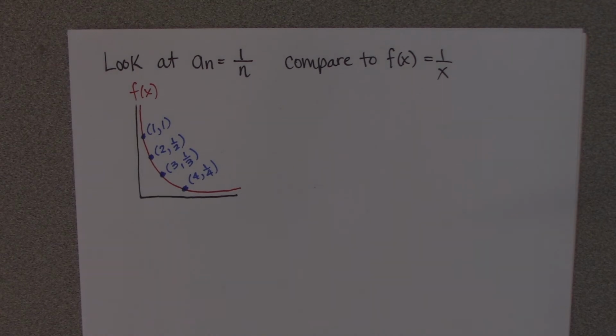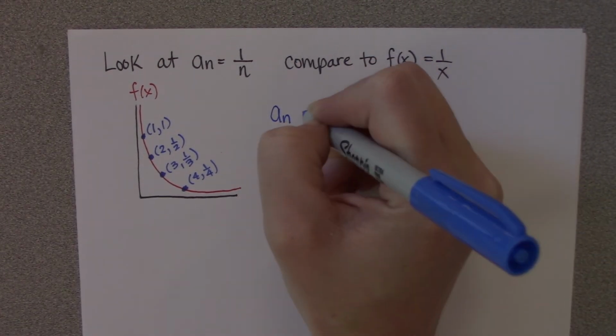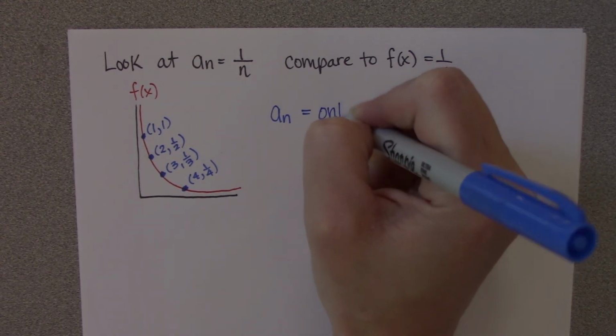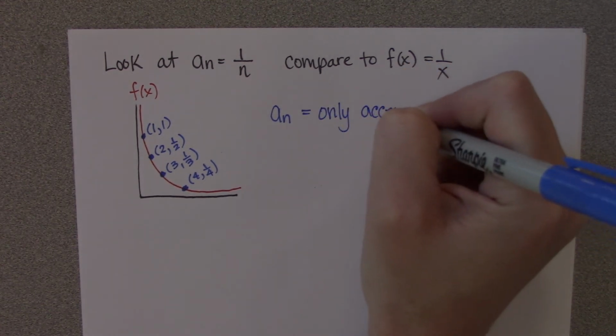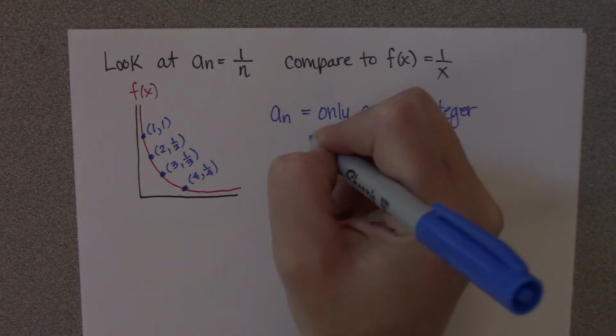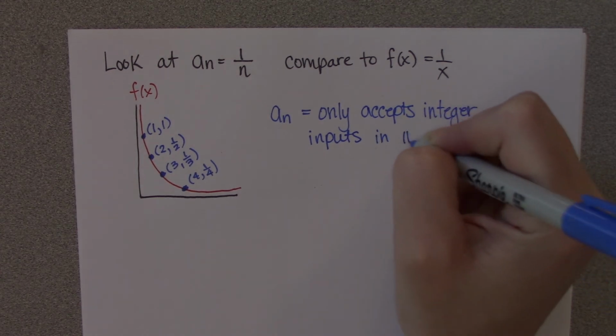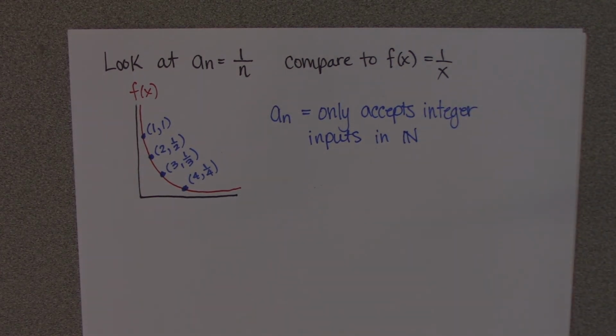So just remember, a sub n only accepts integer inputs, in the natural numbers, that little funky n, that's all that means.